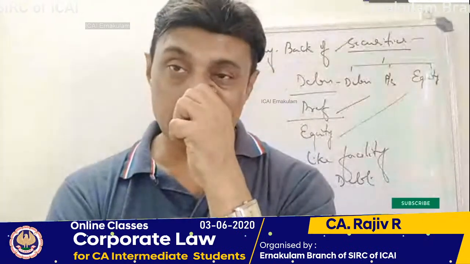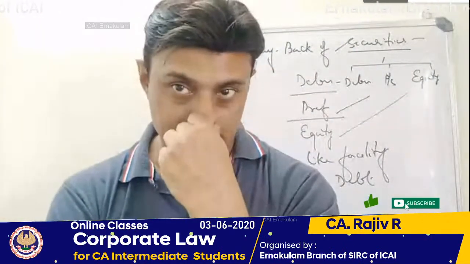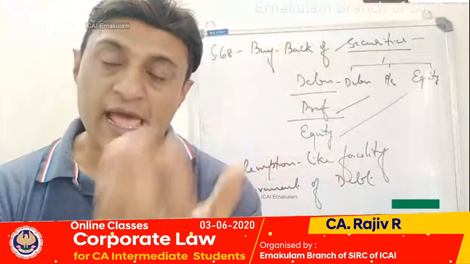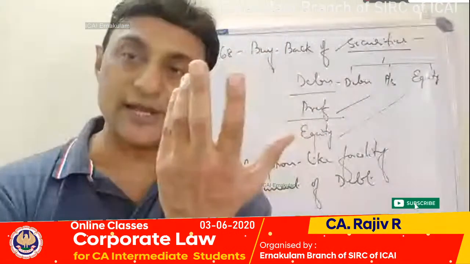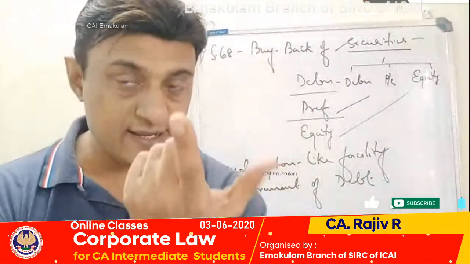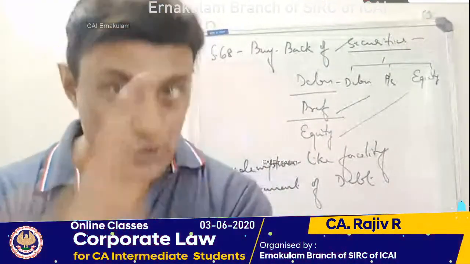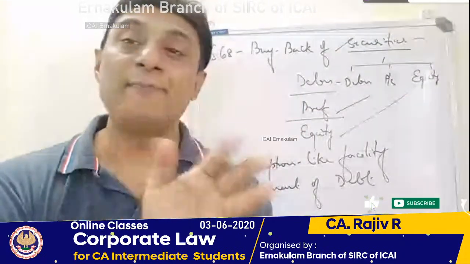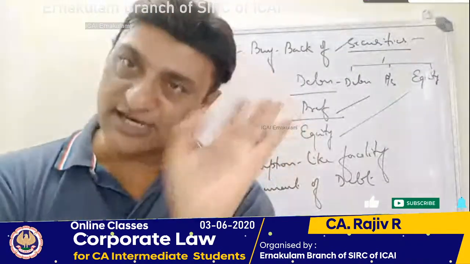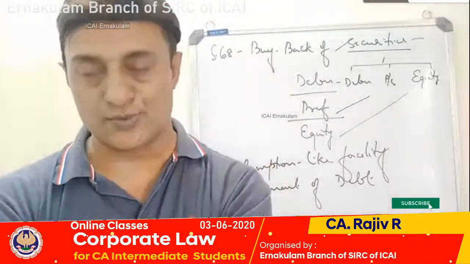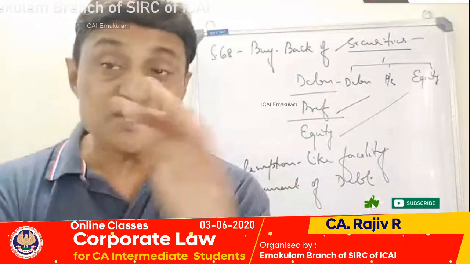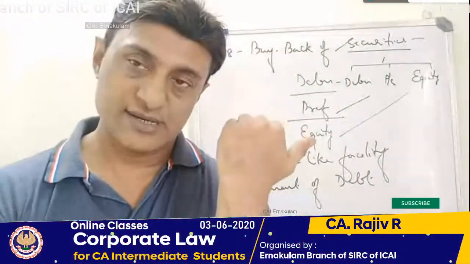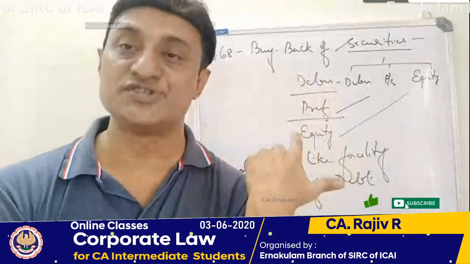Sixth condition, if you are sourcing the funds out of existing free reserves, then an amount parallel to the face value of the securities bought back shall be transferred to a reserve account, still called the capital redemption reserve account, which can be utilized subsequently only for issue of fully paid up bonus shares.